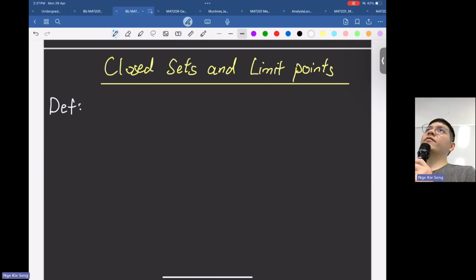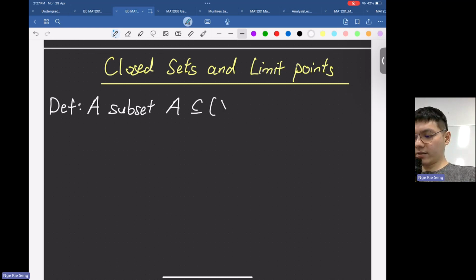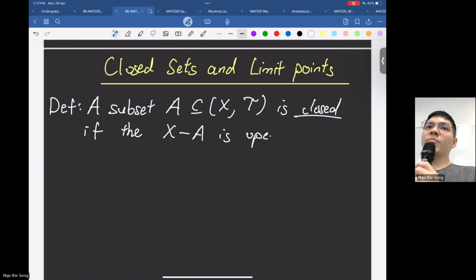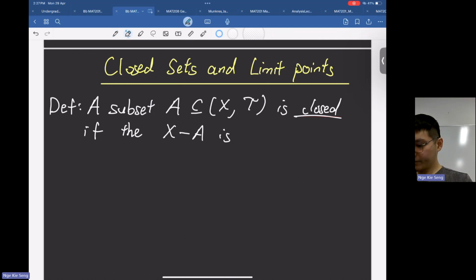Actually, the definition we gave in metric space is quite sufficient already. A subspace A in a topological space is closed if the complement is open. It's the same, but note that the open here is a bit different. The open in metric space is open in the sense of metric, but here it is open in the sense of topology. It's just some collection of subsets that satisfies some properties.